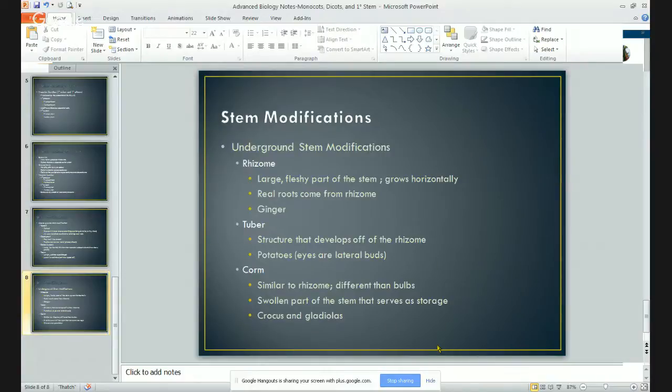I didn't label the rhizome in this picture, because I didn't even really draw it, so technically that's not anatomically correct. That main root there should probably be a little more lateral, and from that you get your tuber, which would be like your potato. Structures that come off of your tuber can be lateral buds, which would be like the little eyes on your potato. So lateral buds.